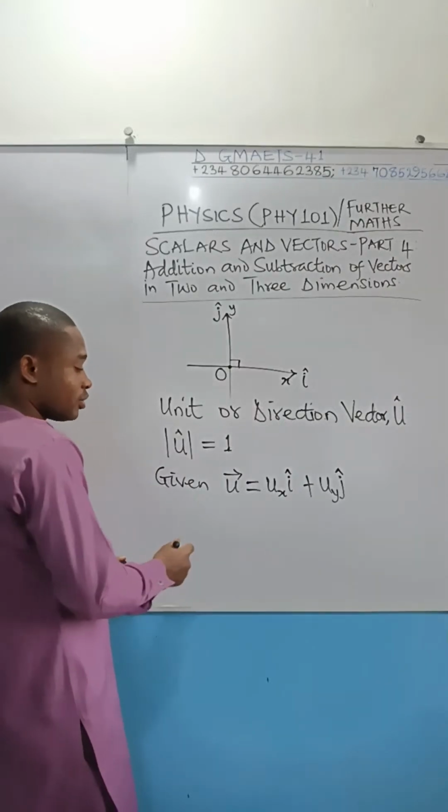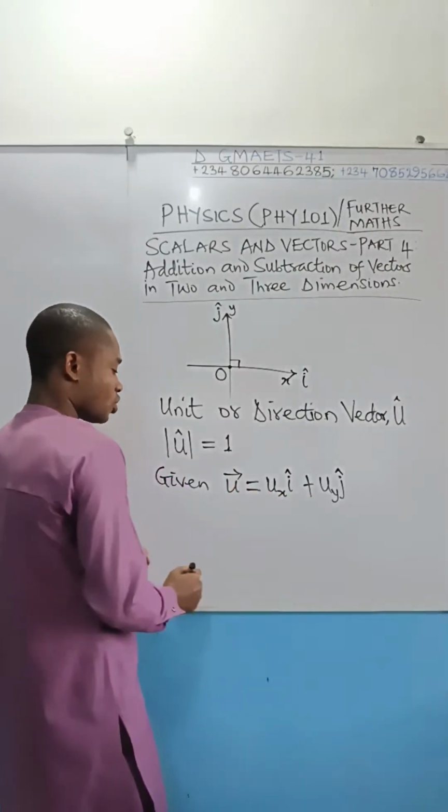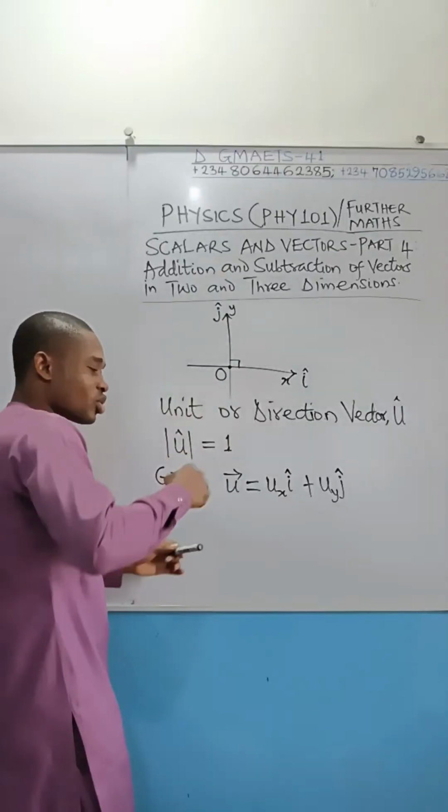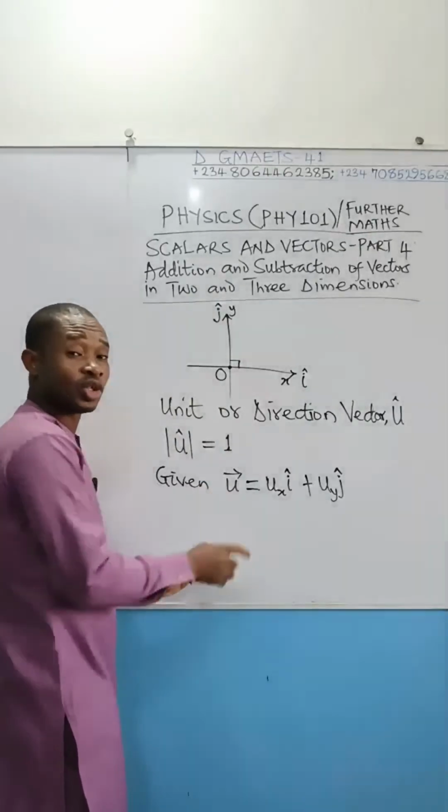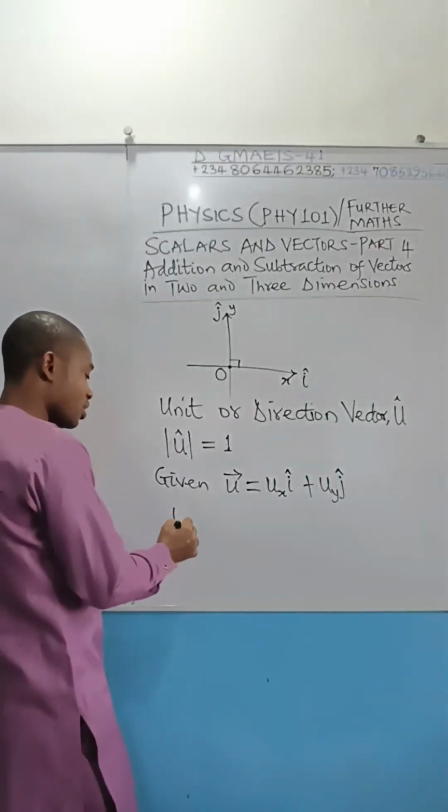All right. Now, if you're given a vector, the unit vector, or direction vector, which is in the direction of this given vector, is calculated using this formula.